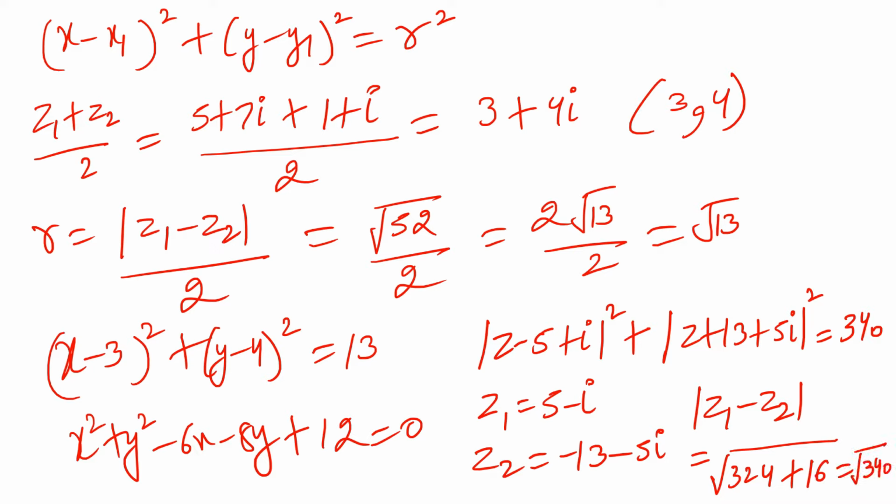So it confirms that this equation also represents a circle whose center will be located at the midpoint of z1 and z2, that is the midpoint of the points (5, minus 1) and (minus 13, minus 5), and the radius of this circle is going to be under root of 340 divided by 2. Fine. Now we move further.